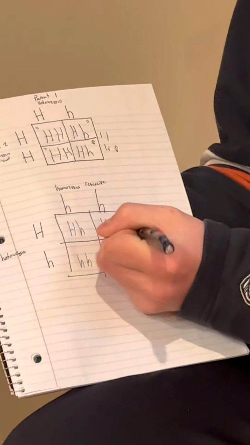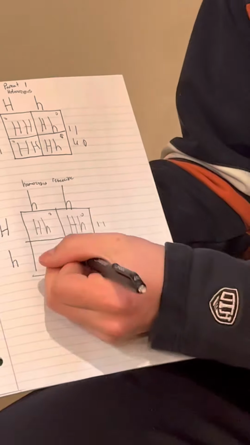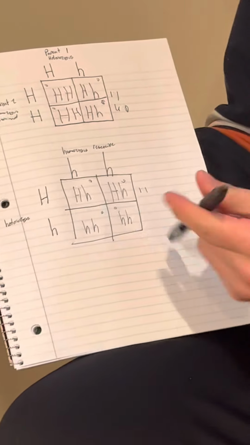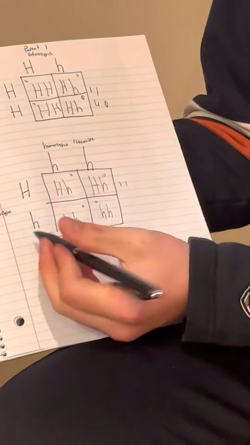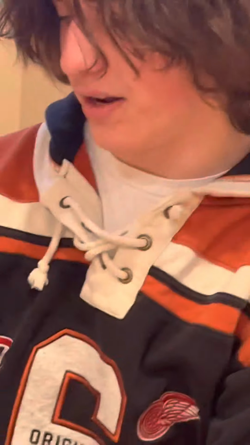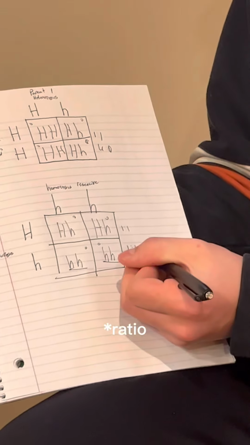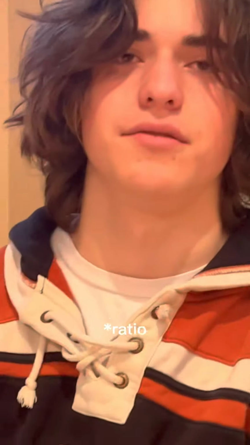It's still a 1 to 1 ratio because you have your two heterozygous and your two homozygous recessive. But now, since these are homozygous recessive, they show their own trait other than the dominant trait. So this is the phenotype and this is the genotype.